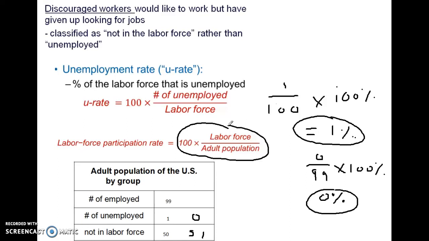So you should really use these two statistics together, the unemployment rate and the labor force participation rate. So when we see a falling unemployment rate and a falling labor force participation rate, that's going to indicate that people are becoming discouraged workers in the economy and that the unemployment rate is falling not because things are really improving, but things might actually be getting worse and that's why they're giving up to begin with.